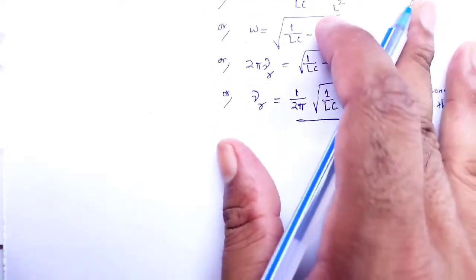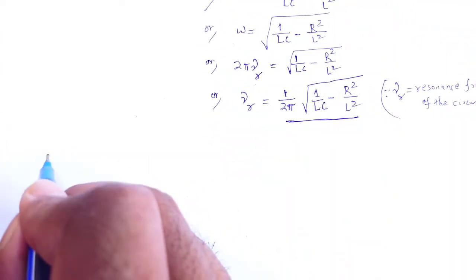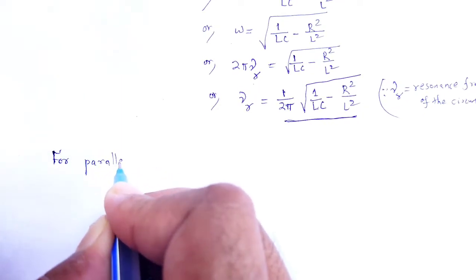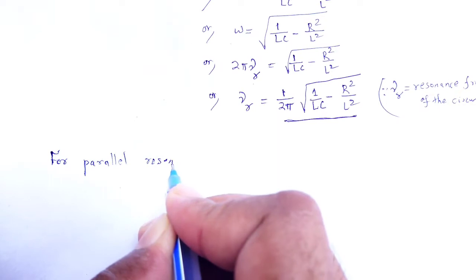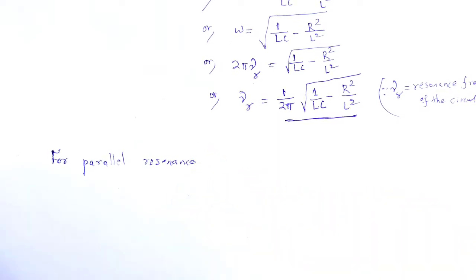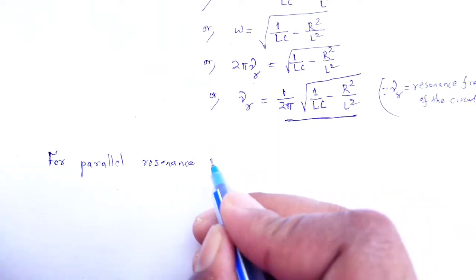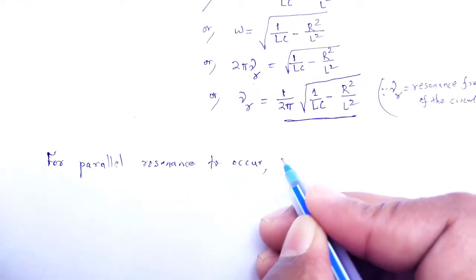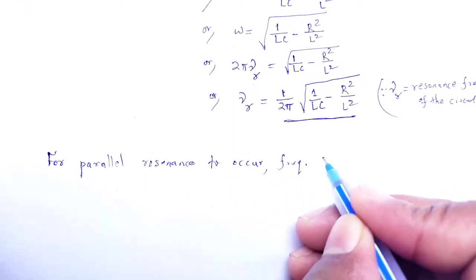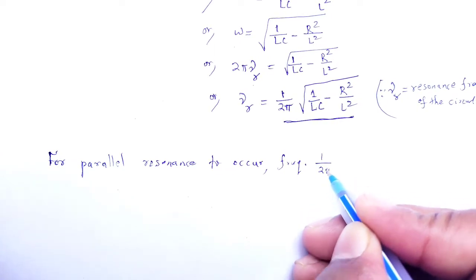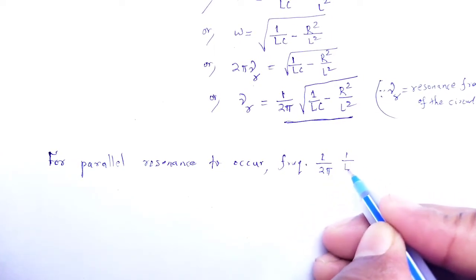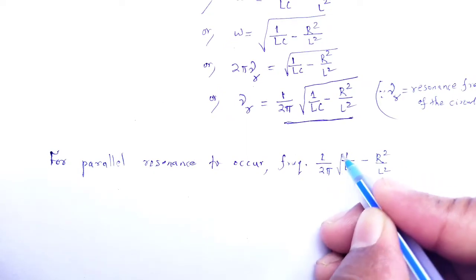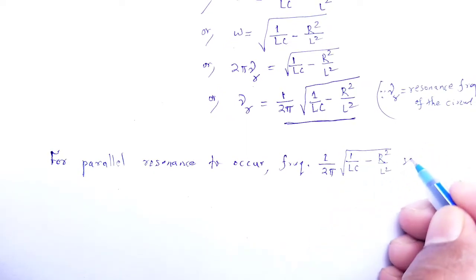So for parallel resonance condition, the frequency 1 by 2 pi under root of 1 by LC minus R square by L square should be real.